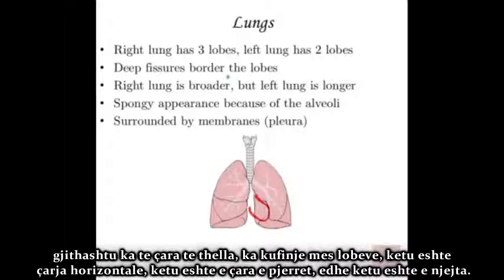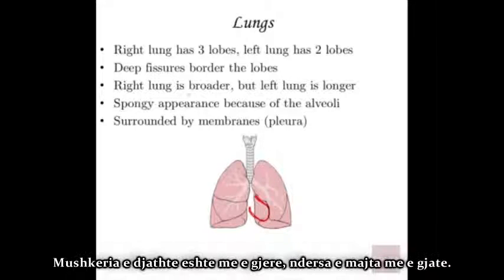There are deep fissures, little borders between the lobes. Right here is a horizontal fissure. Here's an oblique fissure, a diagonal one. Here's another oblique fissure. The right lung is a bit broader, the left lung longer, ever so slightly.